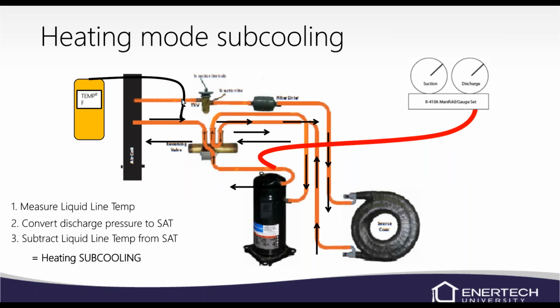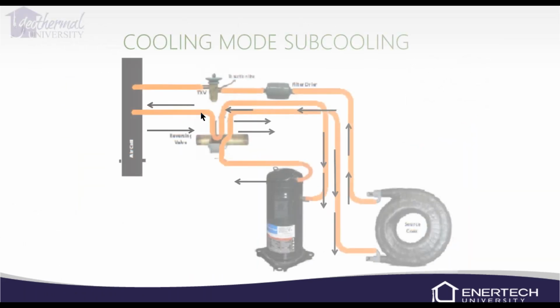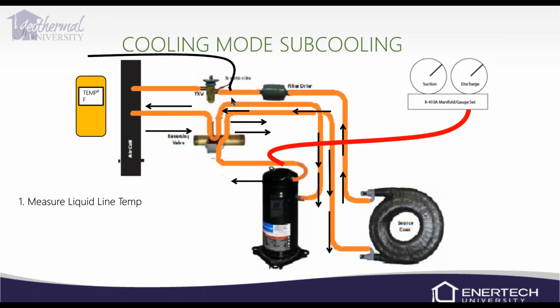That's the heating mode. In cooling mode, the inlet switches sides, and so now we're in between our source heat exchanger and our TXV, because sometimes at the factory they put this filter dryer on the other side.